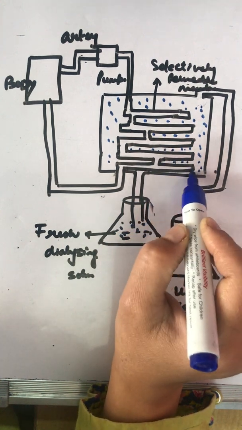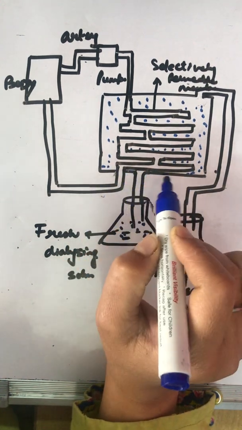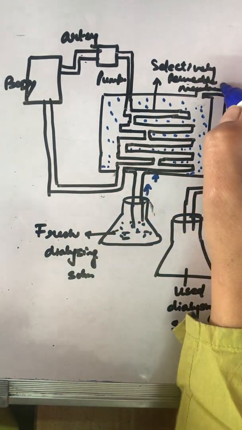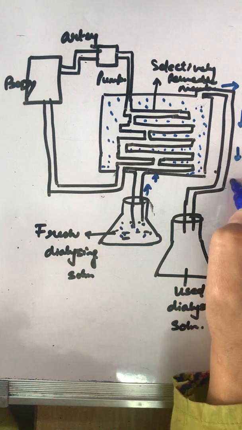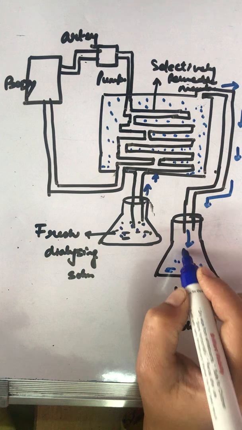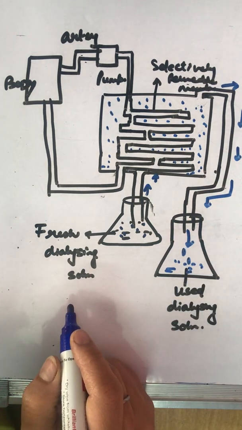Clearly look at the diagram, it will be easily understood what is happening. This solution is moving upward, and from here the solution is brought downward and is collected here. Clear?